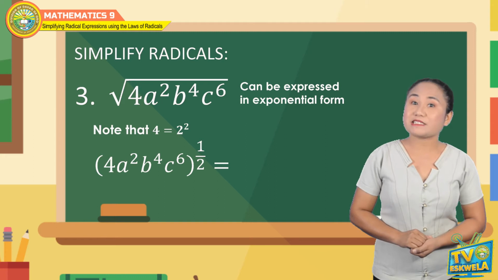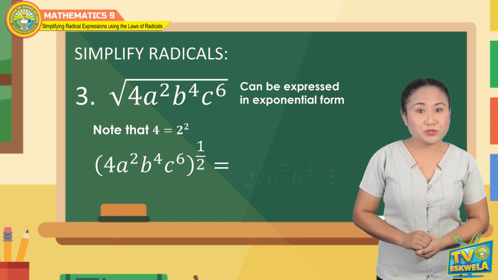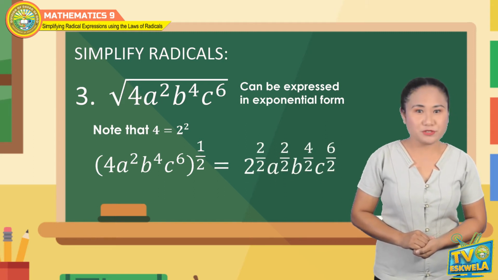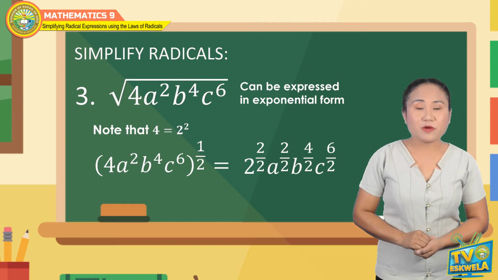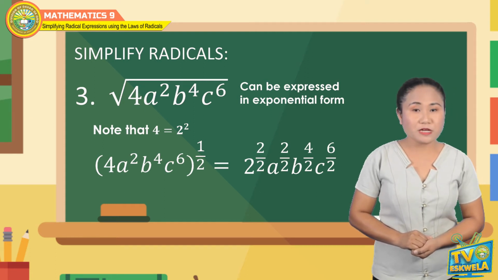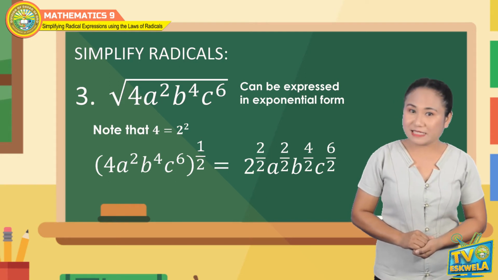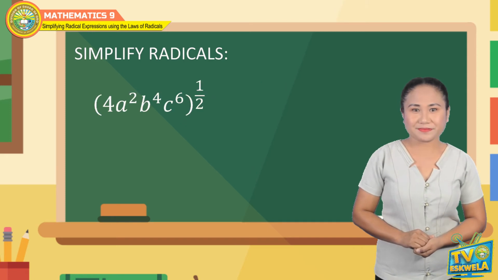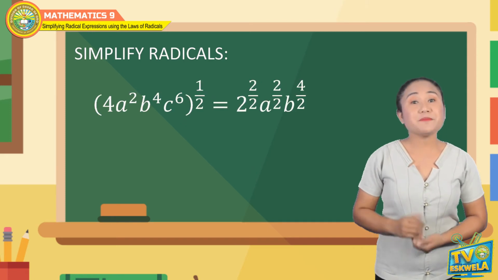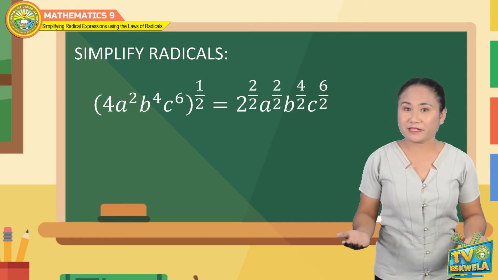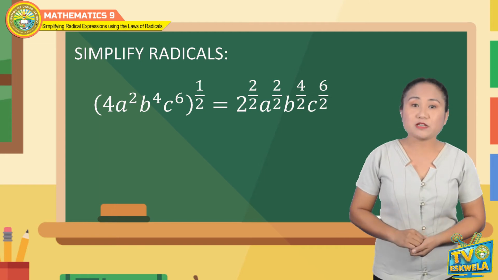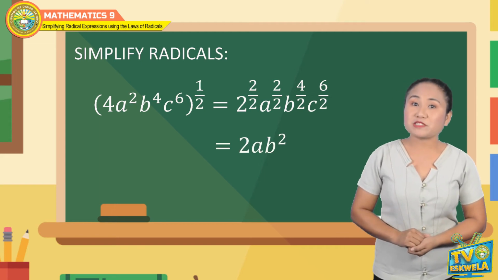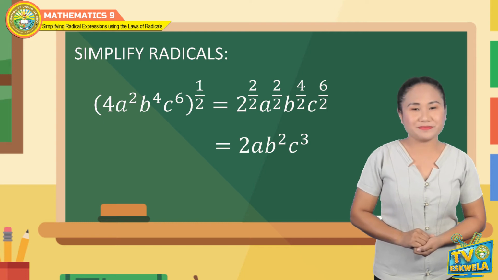So, this is equal to 2 raised to 2 over 2, a raised to 2 over 2, b raised to 4 over 2, c raised to 6 over 2. Simplify the rational exponents leads to 2ab squared c cubed.